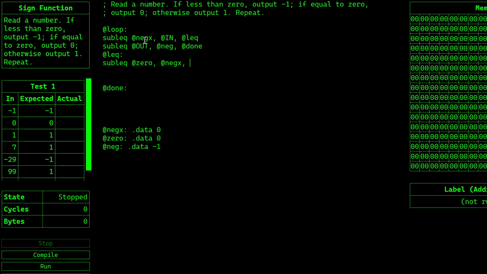And if this is less than or equal to 0, then negative x is less than or equal to 0, which means x is either positive or 0. But we already know it's not positive because we tested that. We already handled that case. So we'll go with eq. If that didn't happen, then our number is negative.